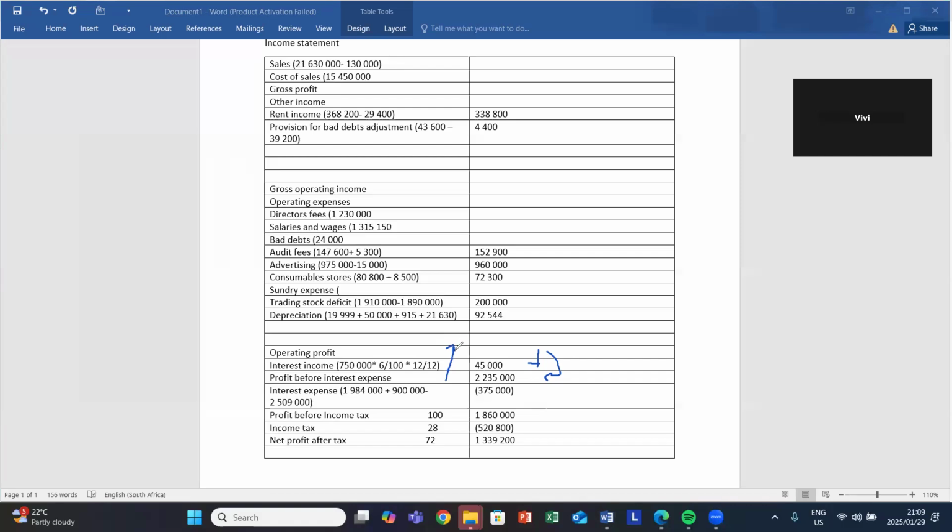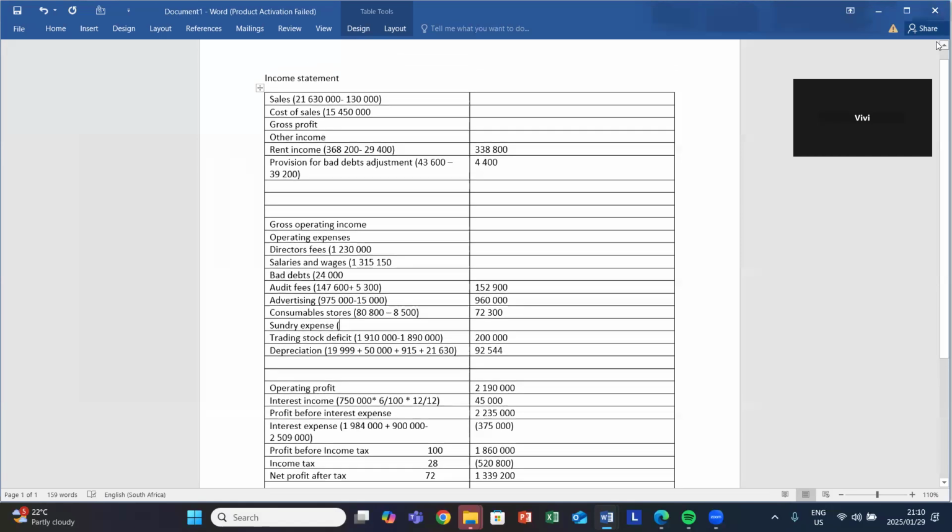Therefore, we'll say 2,235,000 minus 45,000, and then we'll get our operating profit. Therefore, operating profit will be 2,190,000. Remember that your salary expense is your balancing figure.